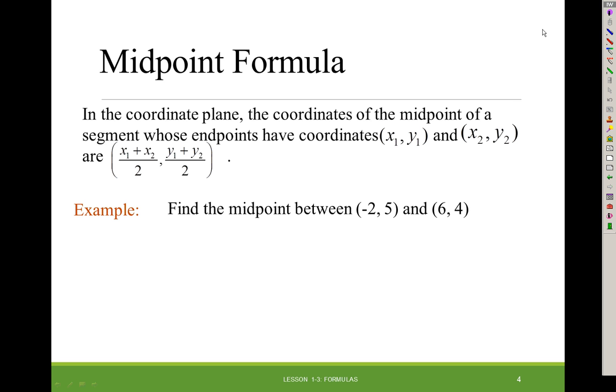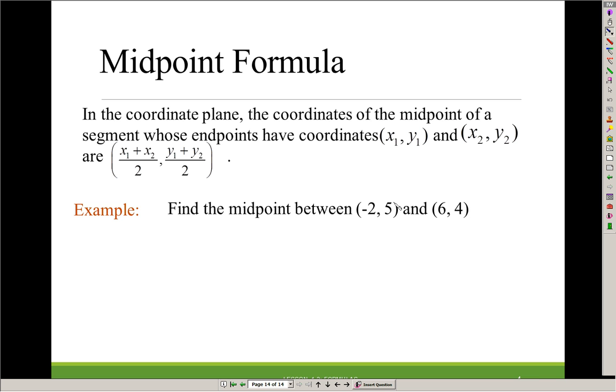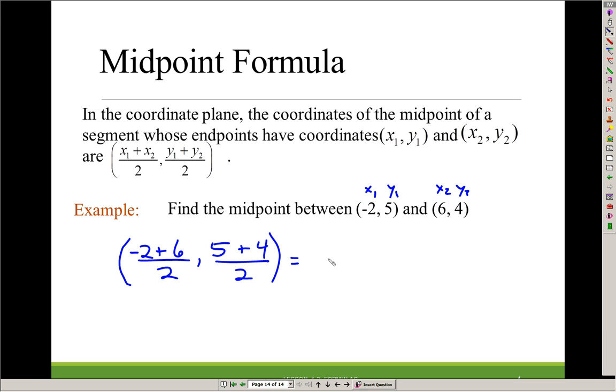So if I'm looking for the midpoint between these, again, if you need to, put a x1, y1 and a x2, y2, if that helps you. Using the formula, I have x1 plus x2 divided by 2, comma, y1 is 5 plus y2 is 4, divided by 2. -2 plus 6 is 4. 5 plus 4 is 9.